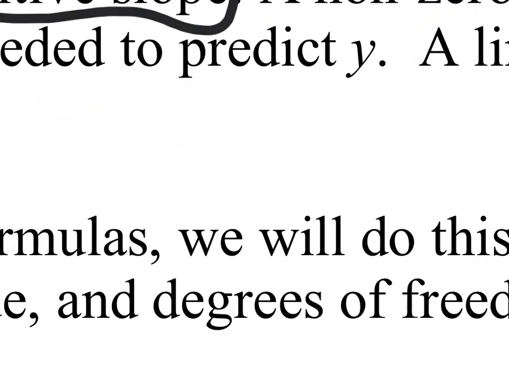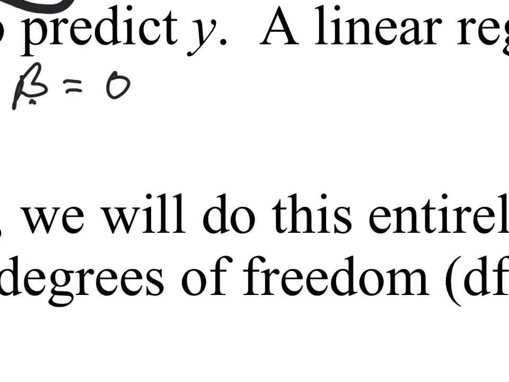So I need to zoom in on the blank space. Here's what we're going to do. We're going to have an H naught. Since we're testing slope, capital B, the slope of the population's line, B would be equal to 0. Why are we saying that?